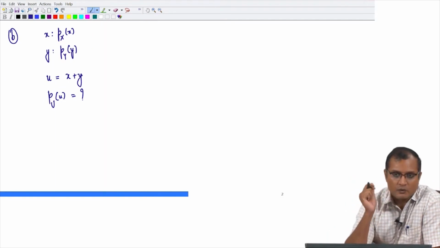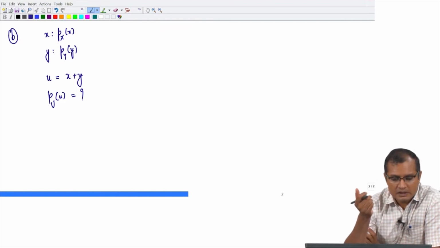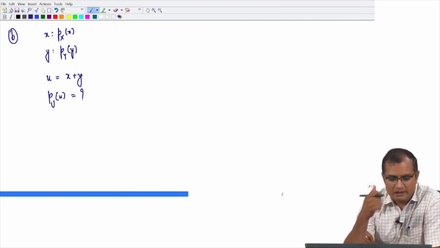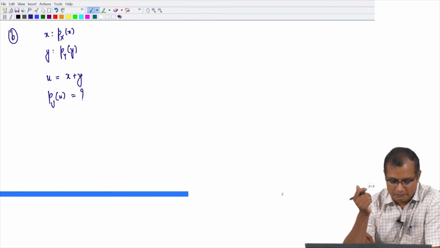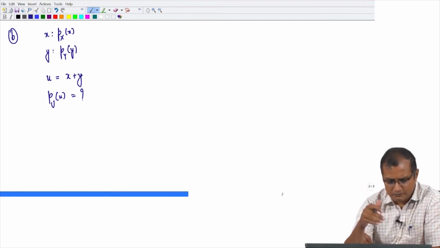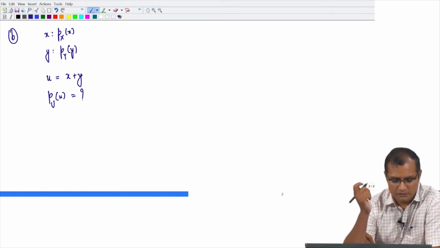Now, there are two ways of doing it. One way is the method of Jacobians that I will describe shortly. The other way is to attempt this problem by the method of characteristic functions. Both methods will give you the same answer, but let us extend our present method of Jacobians to this problem.